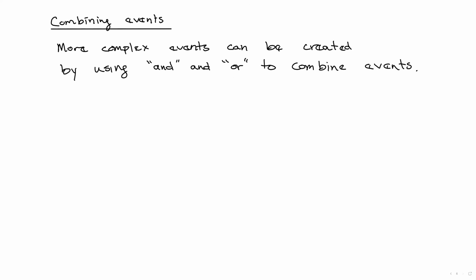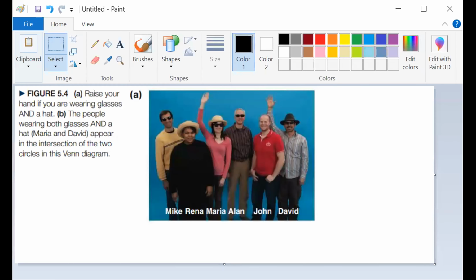All right, so to introduce this idea, let's take a look at a picture. What we have here is a picture of some people, and we're looking at two different things that we're going to measure as being different between these people.